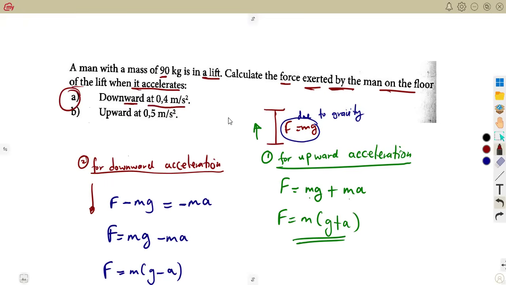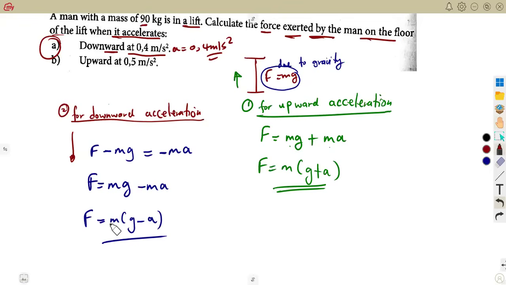We are given that the acceleration is 0.4 meters per square second, but it's going downward.